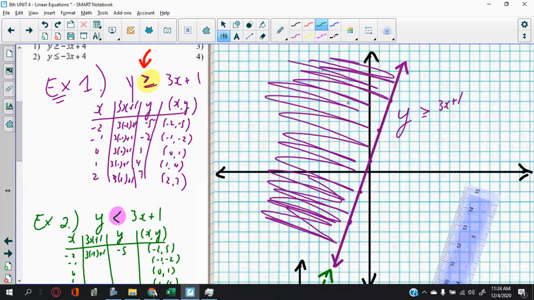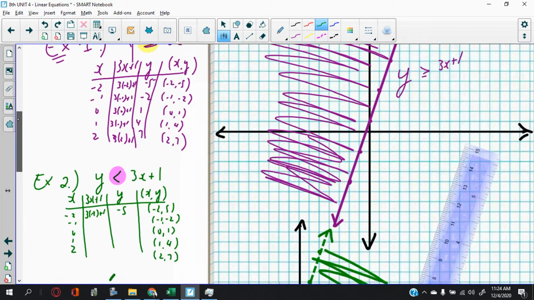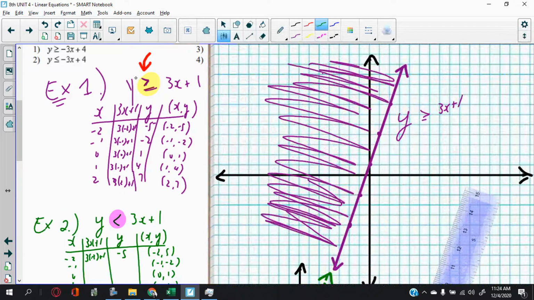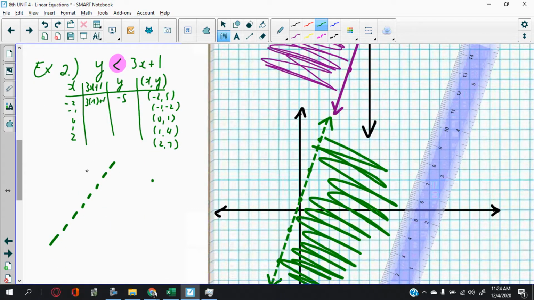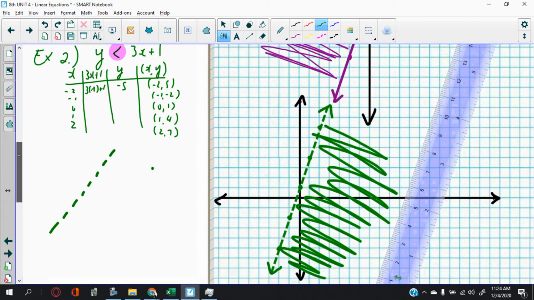One, is my line going to be solid or dotted? And second, am I gonna shade above? Or am I gonna shade below? Two decisions, right? What the line actually looks like and where you're gonna have to shade your solution.